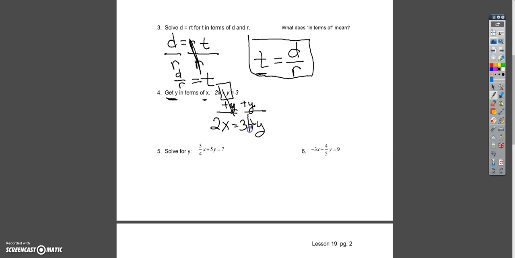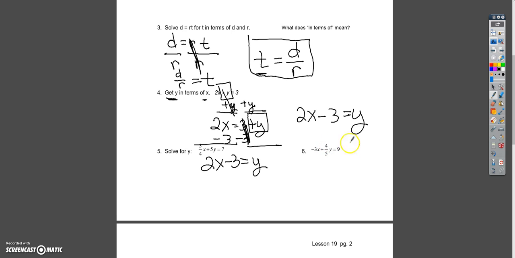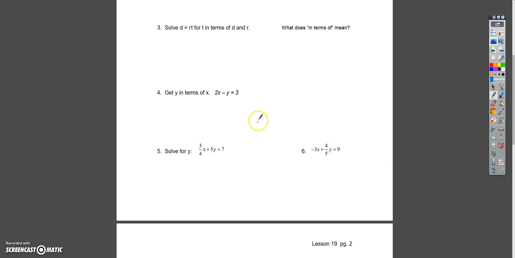I'm still trying to get y by itself. So I'm going to subtract 3 and subtract 3. So I get 2x minus 3 equals, that goes away, y. If that confused you, I'll do it down here. 2x minus 3, here's my equal sign, and there's y. If I need to work any of these over in class, I will, no problem.